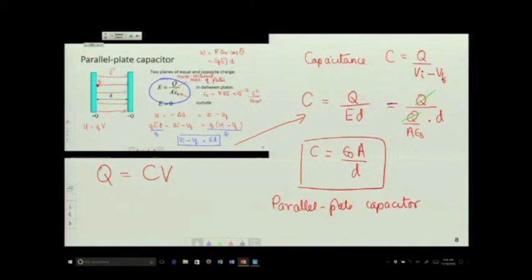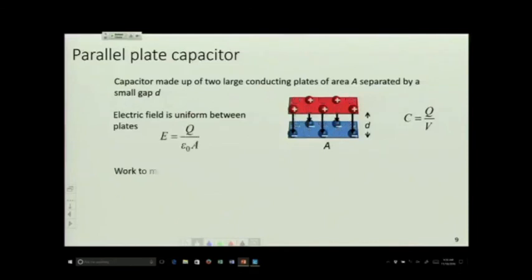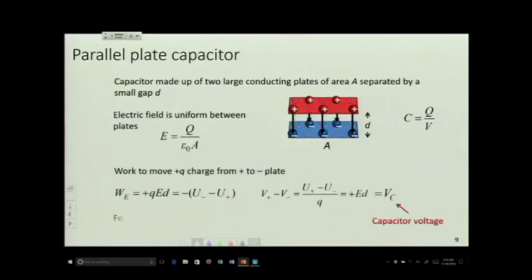So I can store more charge if I have a larger capacitance. How can I have a larger capacitance? I can have more area, or I can make the separation smaller. I can also store more charge if I increase the voltage. So that's the definition of capacitance. And this is just going through that.